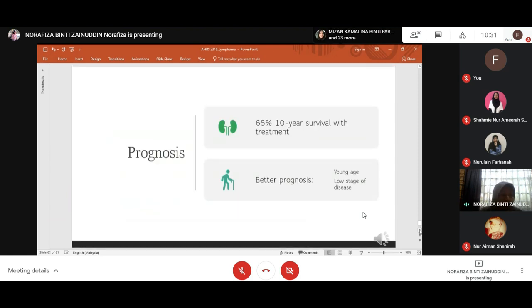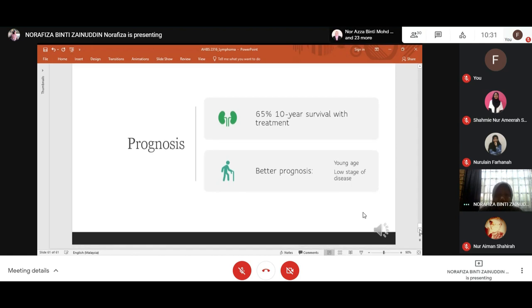For the prognosis, actually the survival is quite good. 65% will survive within 10 years with treatment, and better prognosis in young patients, and also those with low stage of disease.